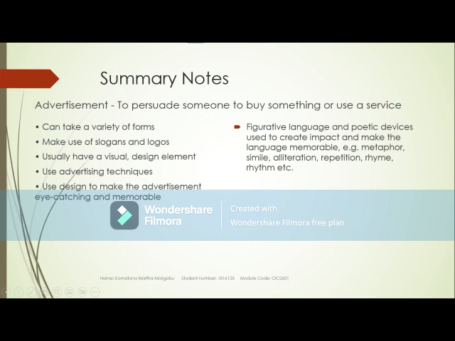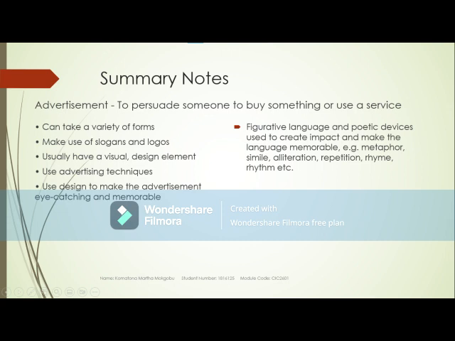Number 2, make use of slogans or logos. Then point number 3, usually has a visual. Then number 4, use advertising techniques. Number 5, use design to make the advertisement eye-catching, right? Cool. So those are the summary notes, what an advertisement should have.